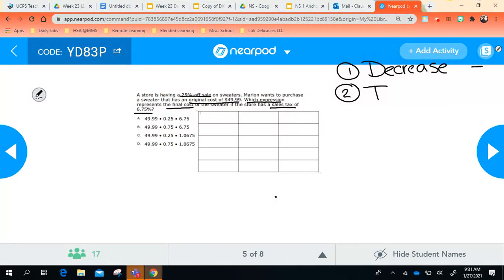It is an increase. Remember, you should have the keywords in your notebook somewhere. If you don't, you can write them down. They're on the screen. You will need them for this. Is an increase a plus or a minus? It is a plus.